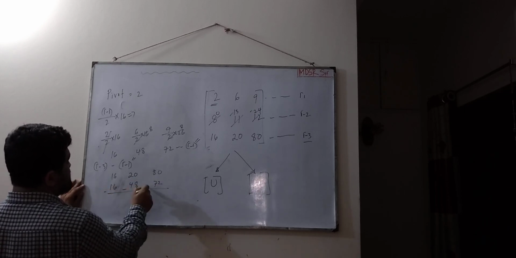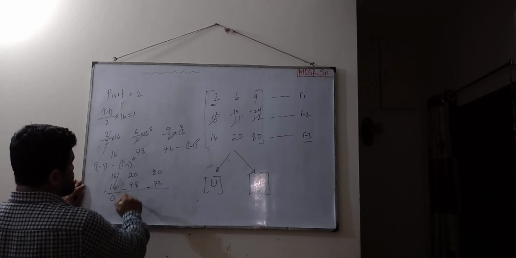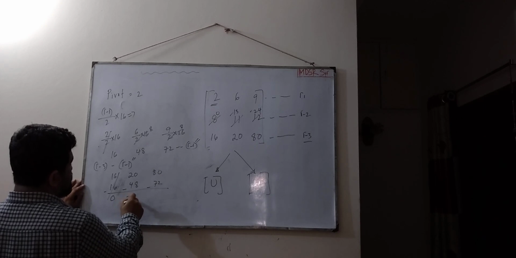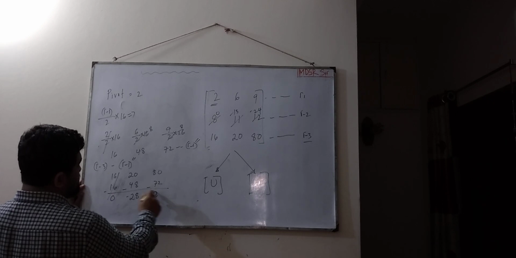Now minus, minus, minus. This is gone. This one became 0. So here is 28. Here is your 8.